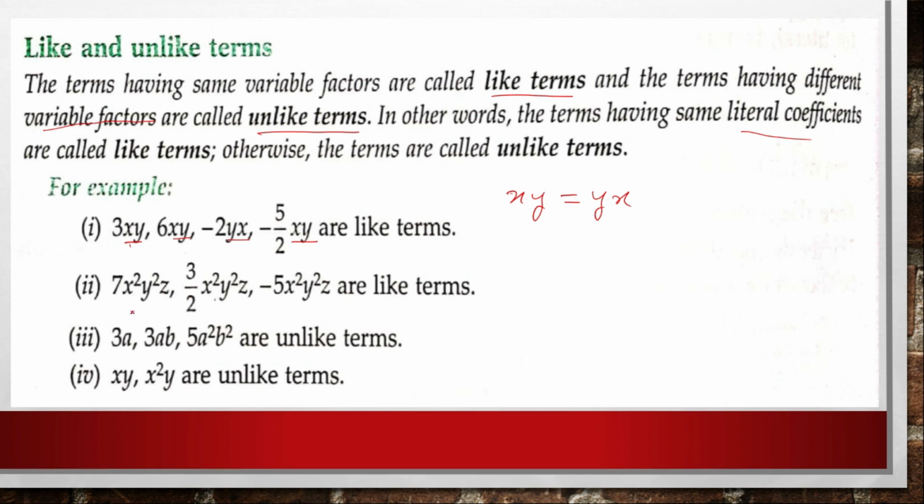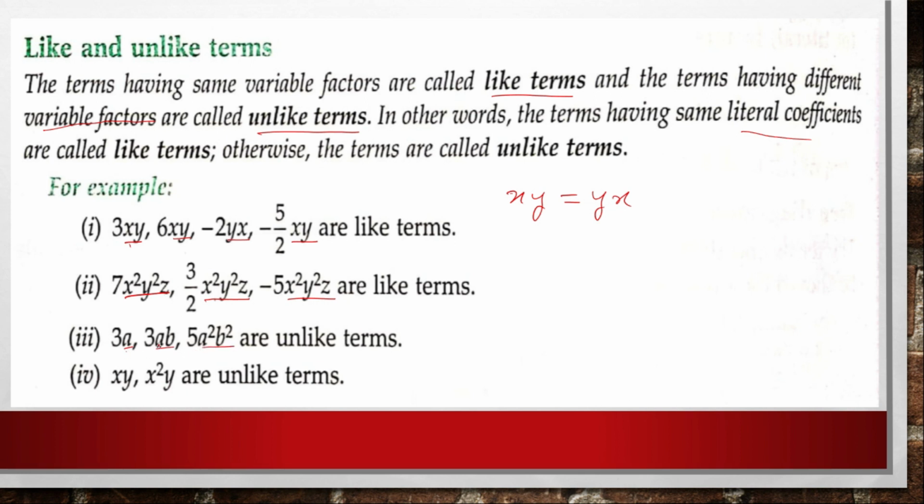In number 2, you can see x square y square z in the first term, x square y square z in the second term, as well as x square y square z in the third term. So we can say these three terms are like terms. In the third one, the first term has variable a, the second term has variable ab, and the third term has variable a square b square.